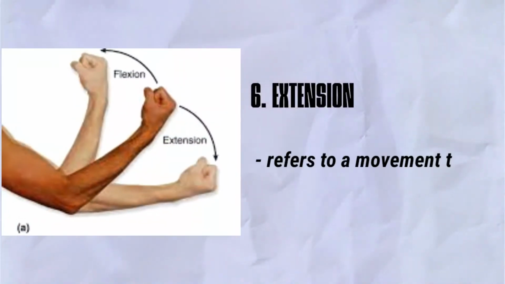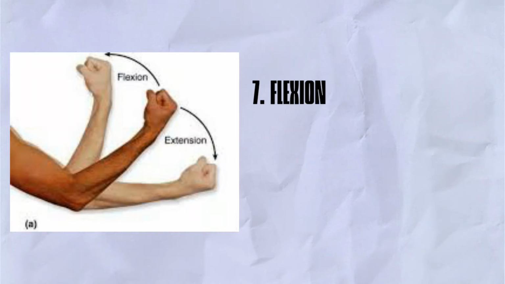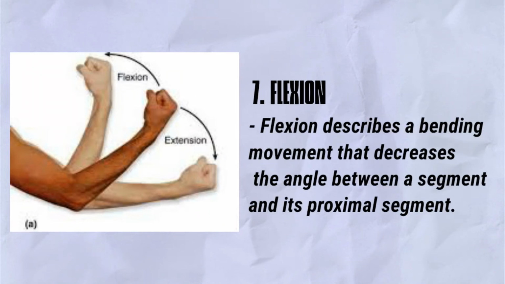The sixth movement is extension, which refers to a movement that increases the angle between two body parts. And the seventh movement is flexion. Flexion describes a bending movement that decreases the angle between a segment and its proximal segment.